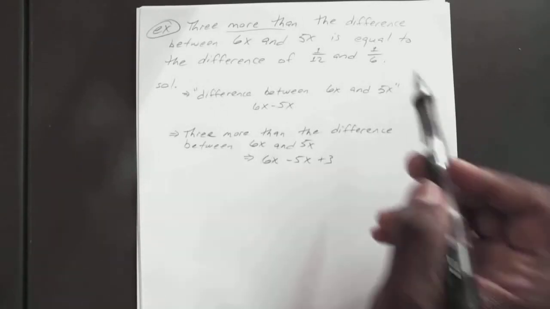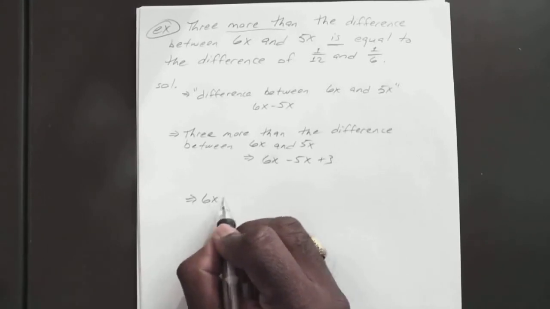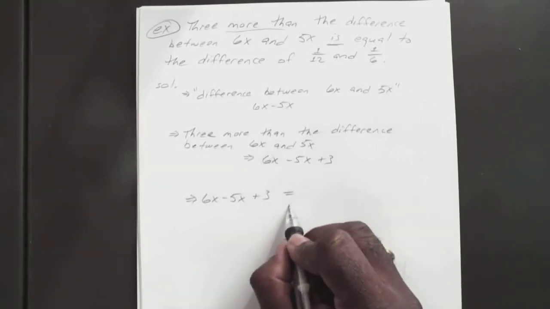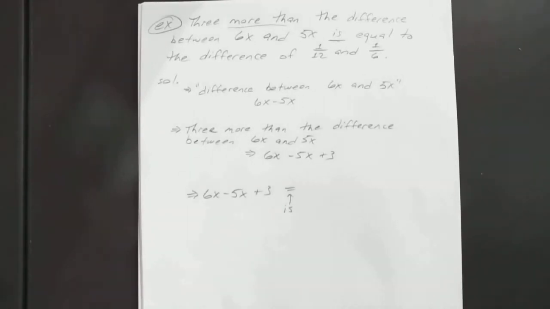Now we know that that is equal to, remember that's your is, the difference of 1 over 12 and 1 over 6. And we know that difference is just subtraction.